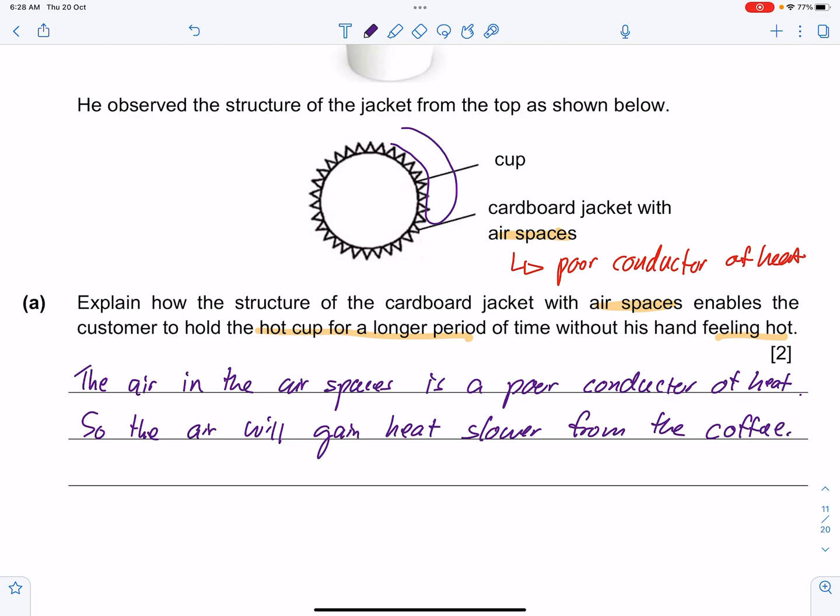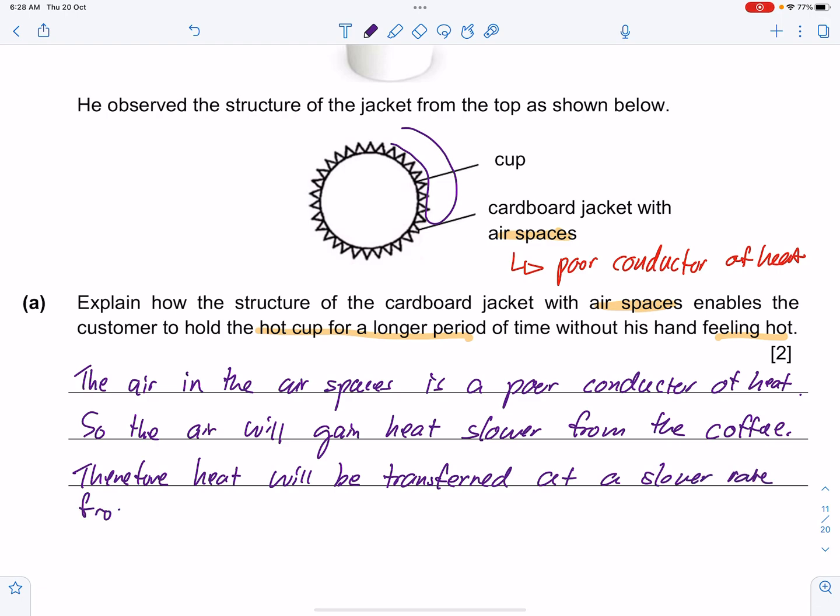And then you talk about, therefore, heat will be transferred at a slower rate from the air to the hands. Right?